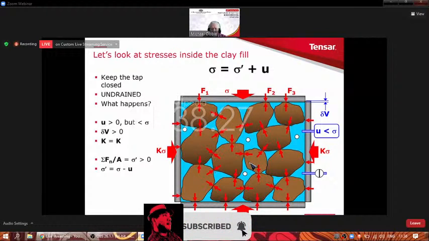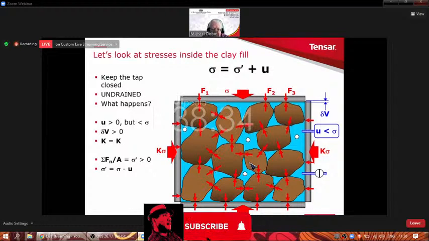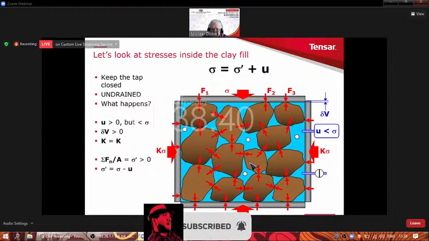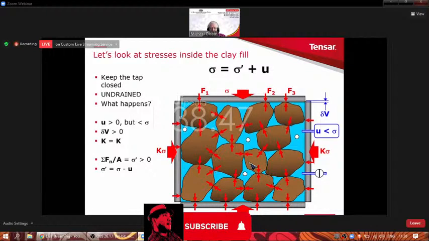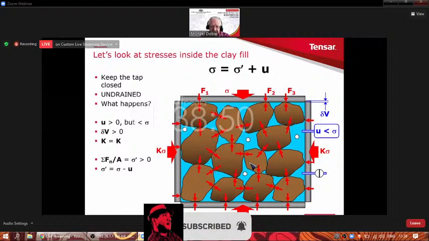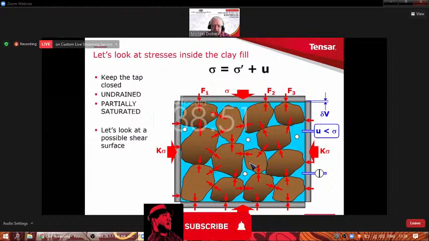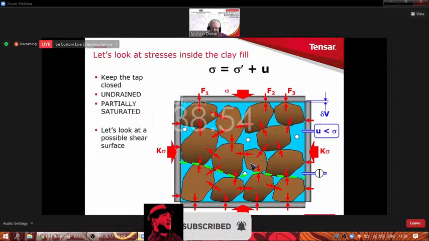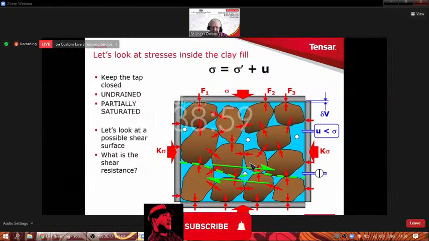And also, we see that there is a small effective stress generated because there is a compression of the soil skeleton. Then sigma dashed is something greater than 0. And of course, the important principle of effective stress says that the effective stress is going to be the total stress minus U. And this means that now, if we look at that possible shear surface, we find that there is a resistance developed there.